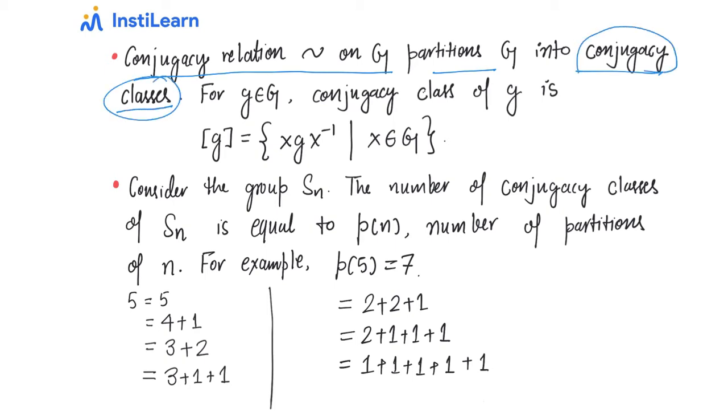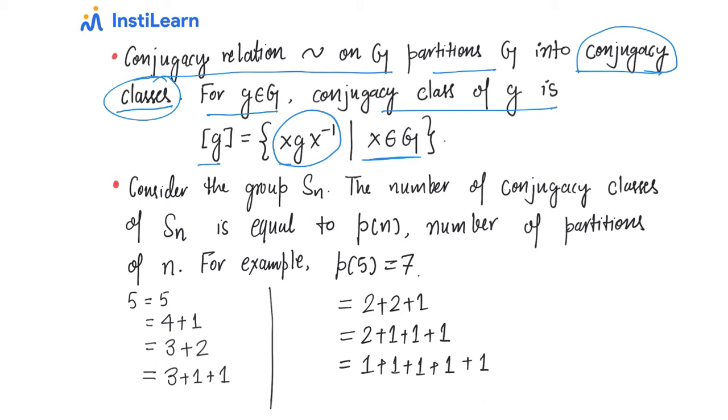Given an element g in the group, the conjugacy class of g consists of all elements of the type x g x inverse where x is in G. So you keep finding its conjugates in the form x g x inverse for all elements x in G, and in this way you will get the conjugacy class of g.